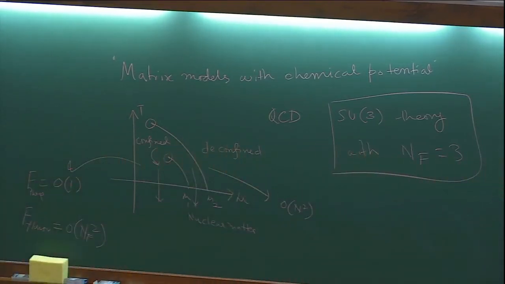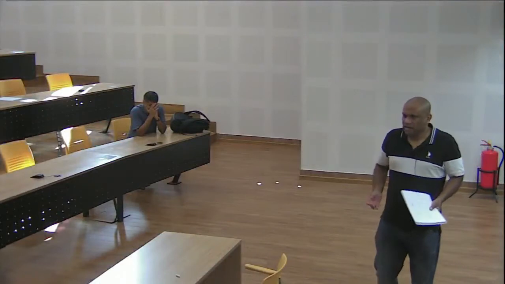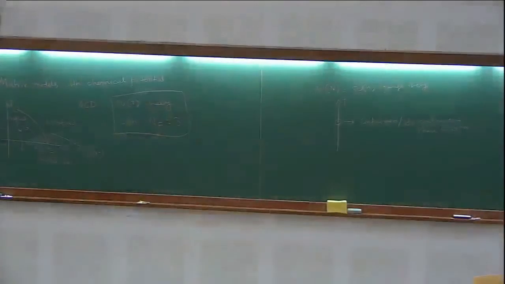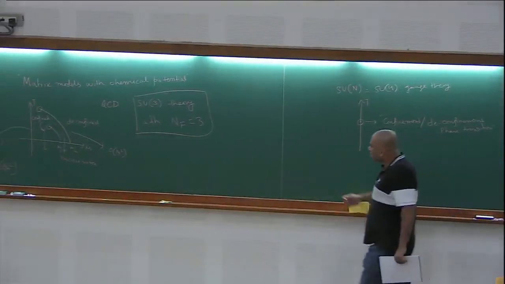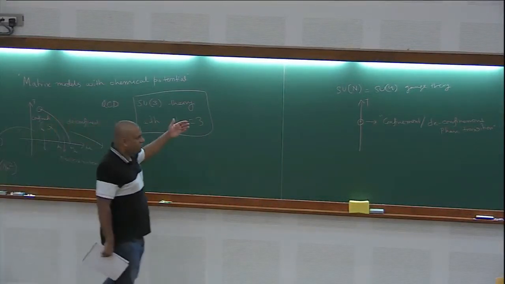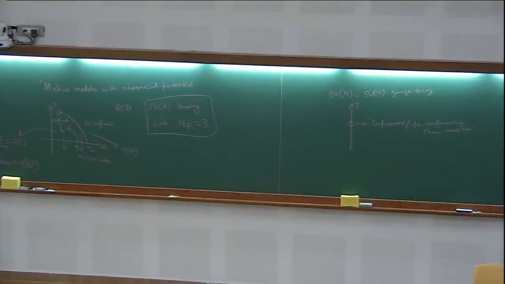So as you increase NF, the difference between the two phases, again depending on the details of the theory, decreases, and at some point you may expect that having enough flavors will get rid of the confinement-deconfinement phase transition. This is indeed the case in some lattice simulations, and in some lower dimensional 0+1 dimensional models we have also shown similar things in our previous work, that if you introduce flavor, this transition goes away.